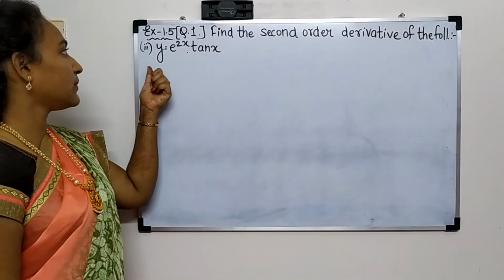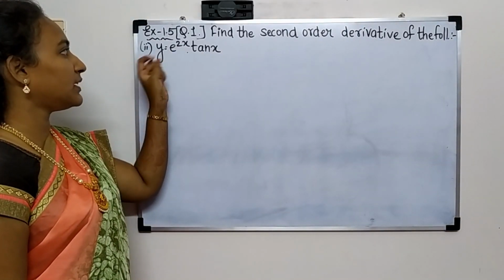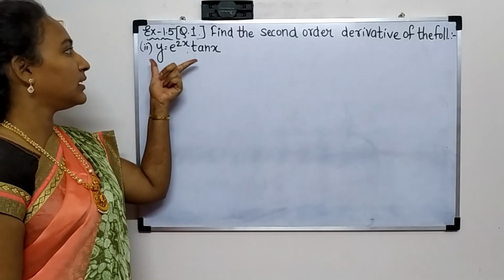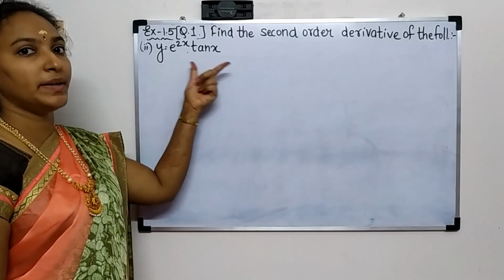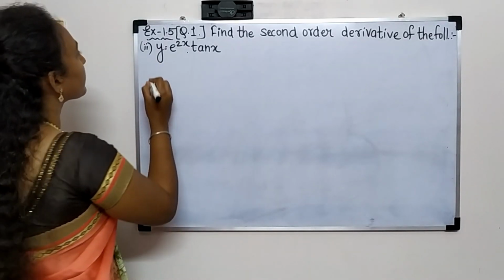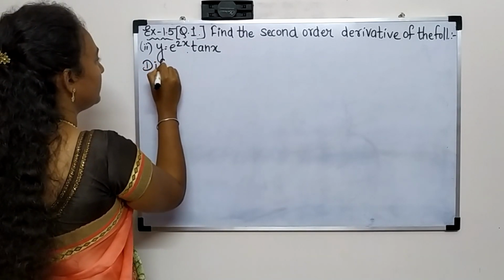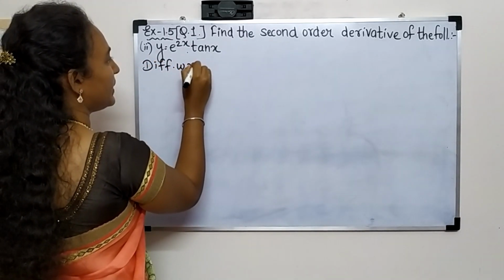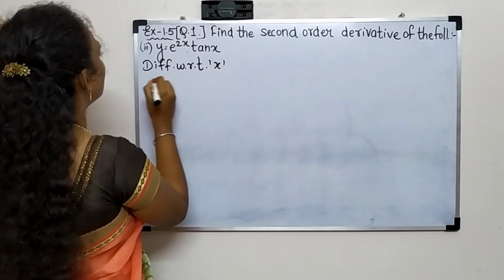Now see your second question. We have y equal to e power 2x into tan x. Here we are going to use our u into v rule. Differentiate with respect to x.